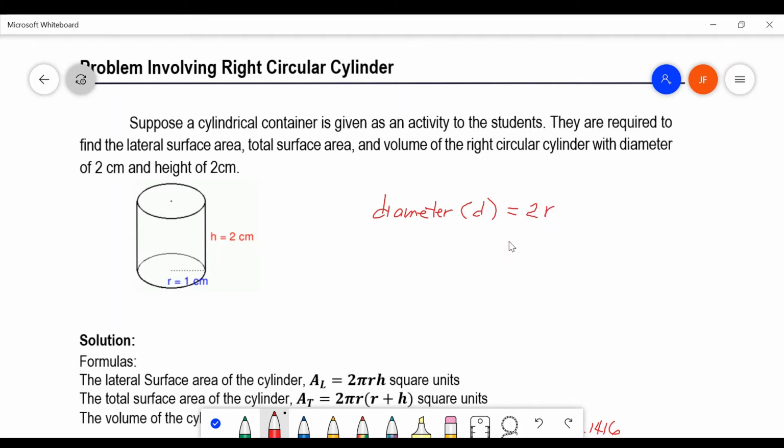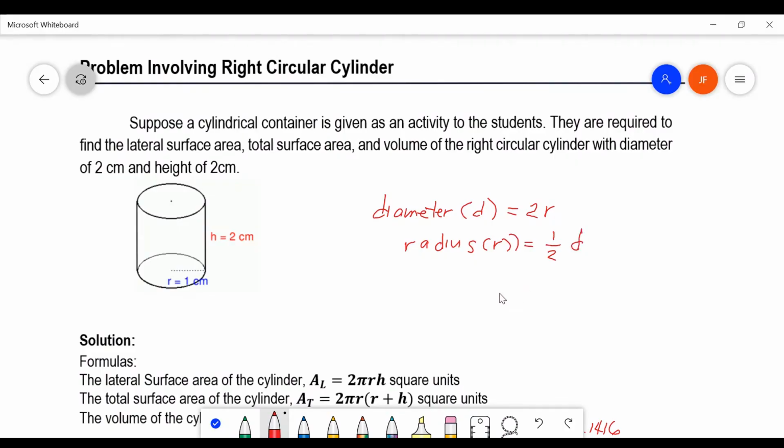So meaning, the other way around, the radius r is 1/2 of the diameter.